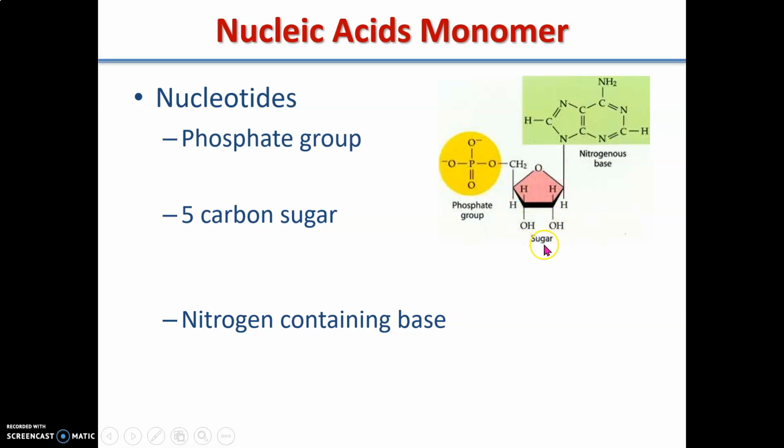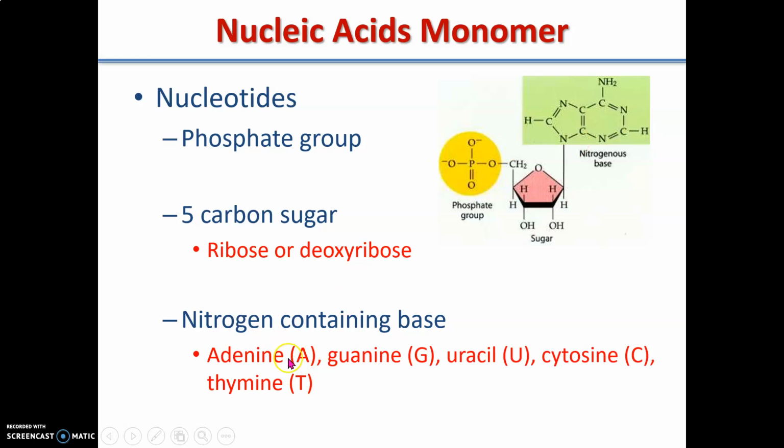This sugar can be ribose or deoxyribose. So if you think back to the carbohydrates lecture where we've seen the pentose sugar, this can be ribose in RNA or deoxyribose in DNA. And then this nitrogenous base can be adenine, guanine, cytosine, or thymine in DNA, or adenine, uracil, guanine, and cytosine in RNA.